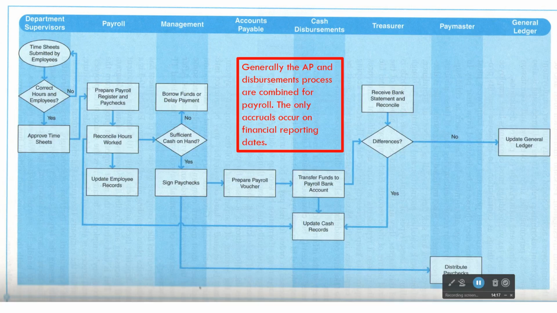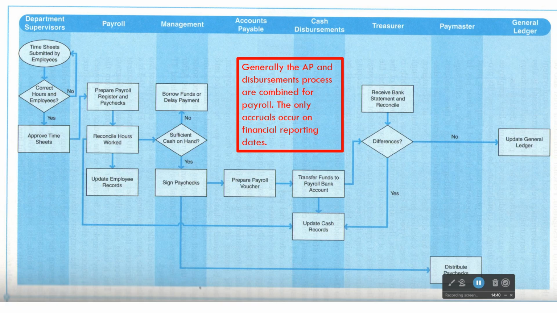This is an old example of how things were done. I have in red here to let you know accounts payable and cash disbursements. They're acting as if these are separate swim lanes, and really with payroll you don't have that. You have all of it combined.